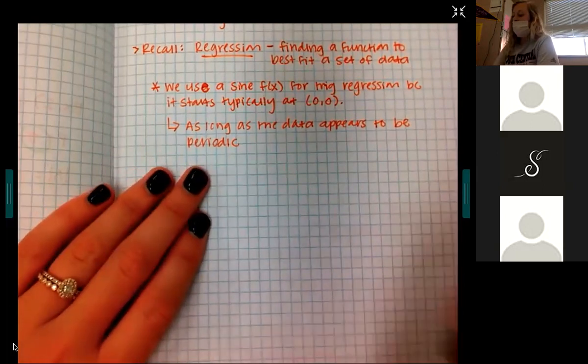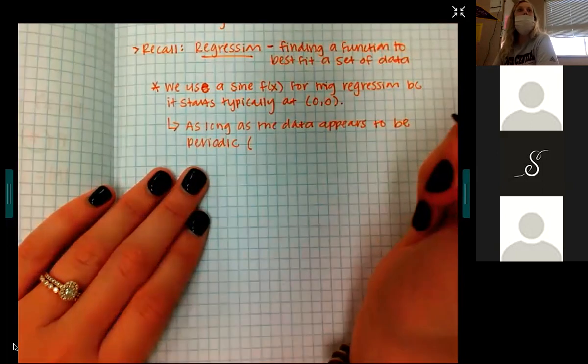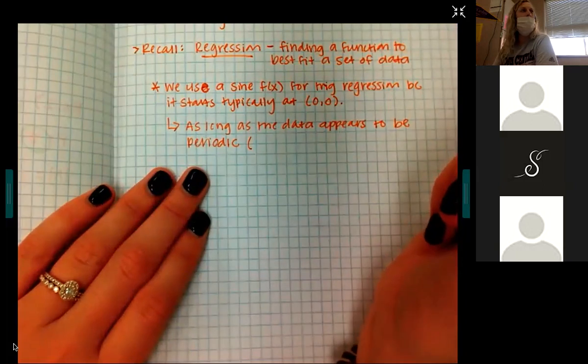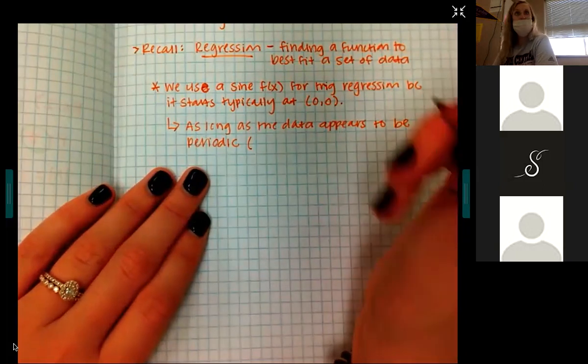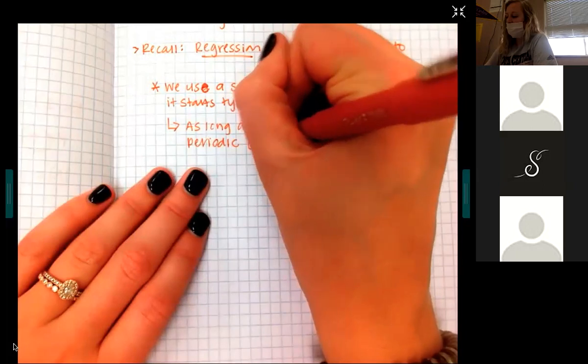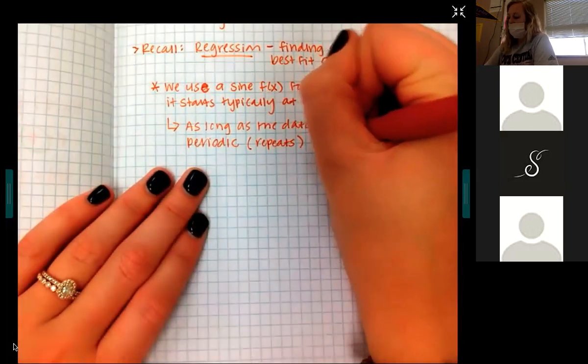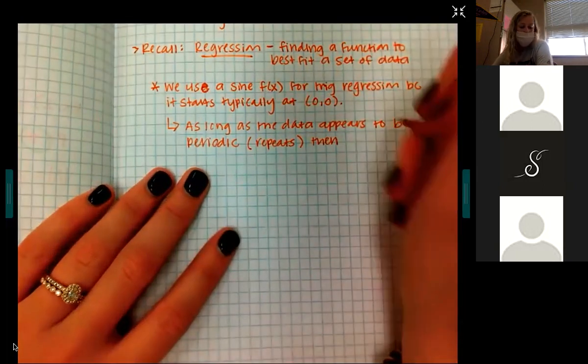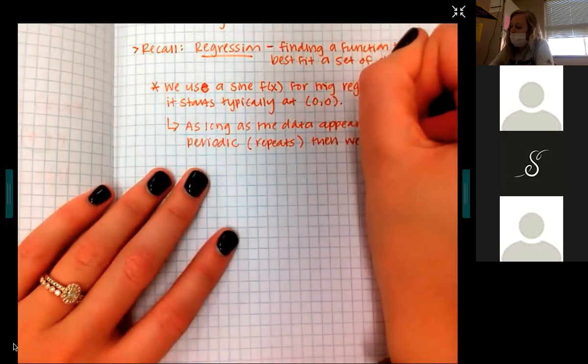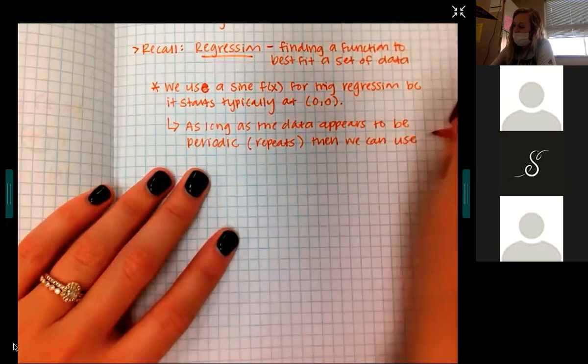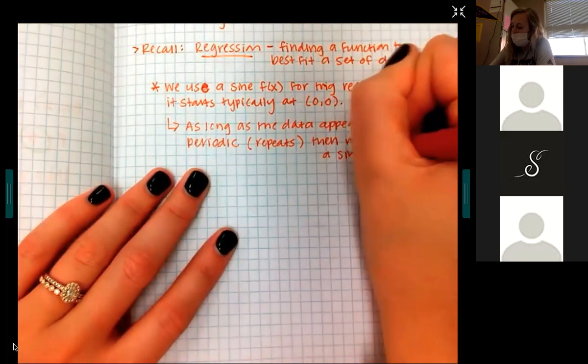As long as the data appears to be periodic, which means it does what? Repeats. Good. Yep. Very good, Chris. It cycles through, it'll repeat. Then we can use a sine function.